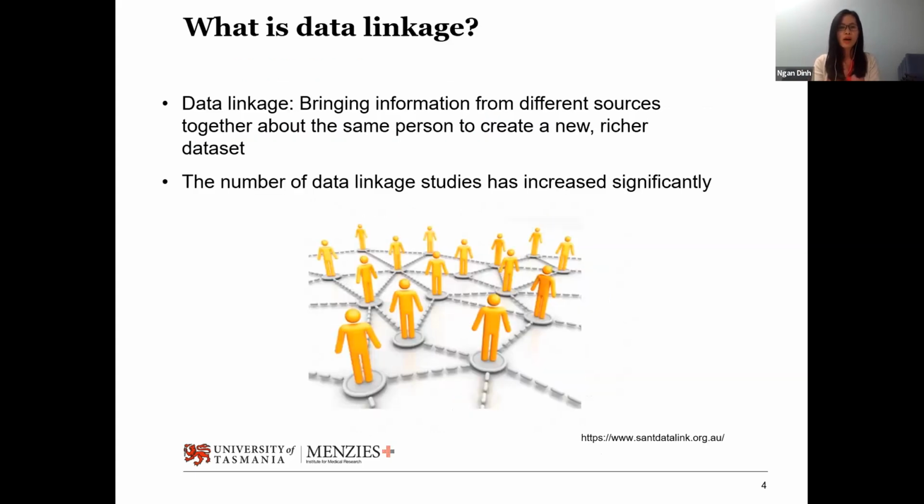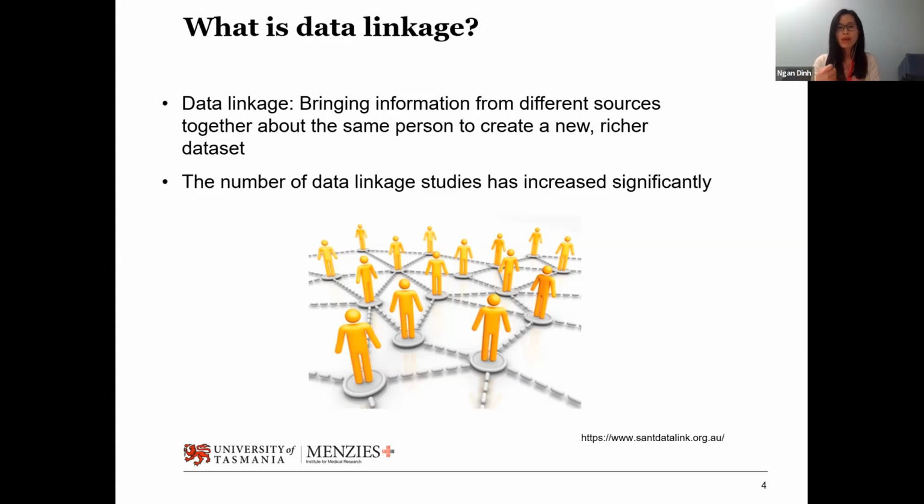And moving on to our next important concept here, data linkage. As you can get from its name, data linkage is a method of bringing information from different sources together about the same person to create a new and richer data set.